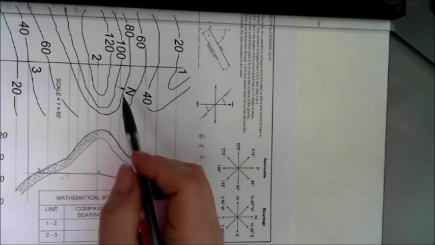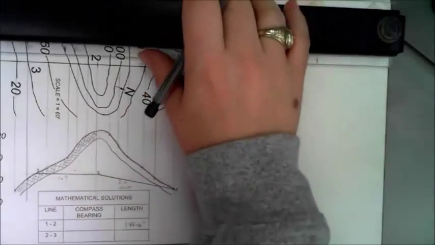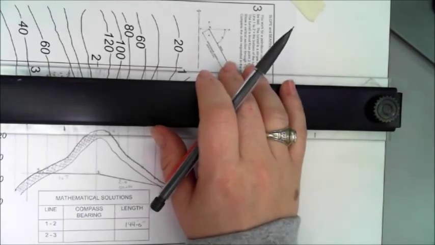So looking at my compass bearing, which direction is it moving? And this time we have to find our actual north, because you can't just assume that the north is plain old straight up and down. So we're going to have to move our straight edge down a little bit so we can draw a little visual to figure it out.